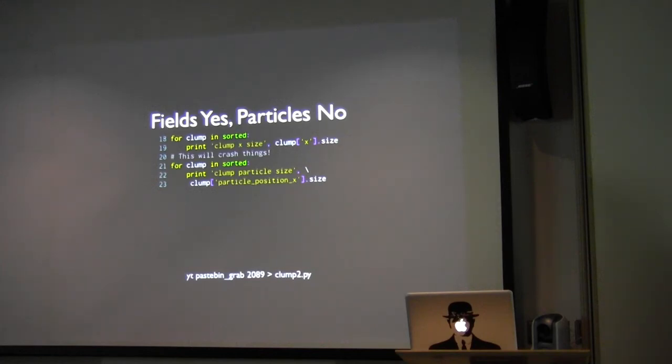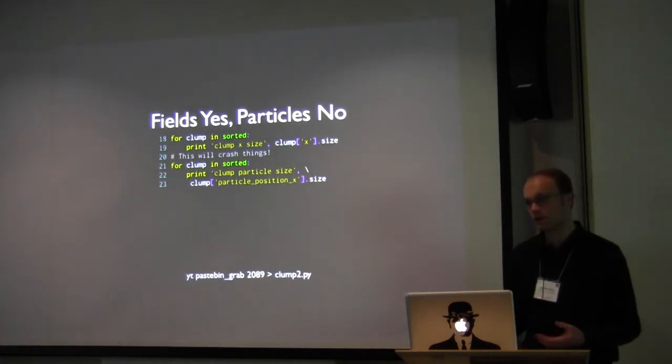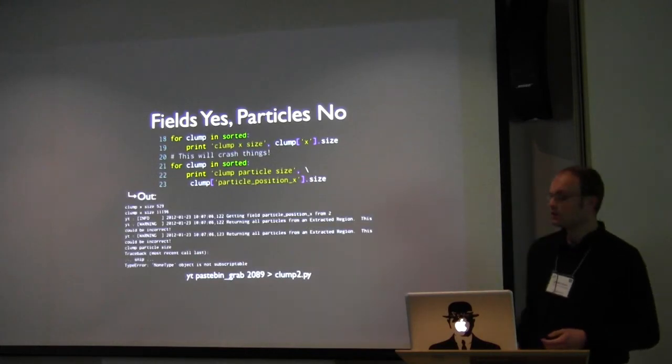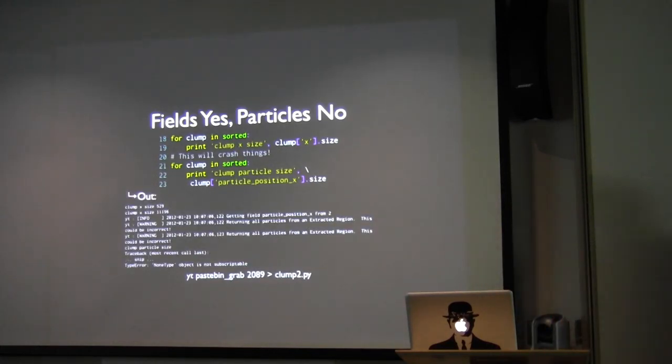It gives me the cell center. But then on lines 20 through 23, I'm again iterating through the clumps, and I'm looking at how many particles are in the clump. And if you were to run this, you would, first of all, see that my small clump has 529 cells, the bigger one has 11,000 cells.